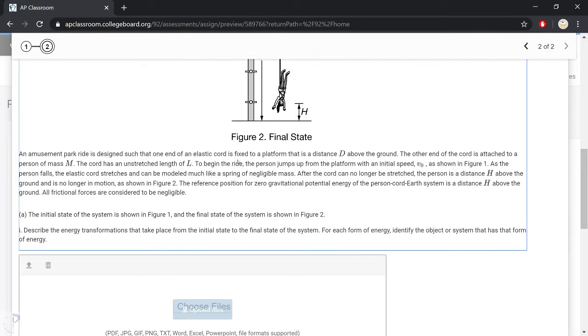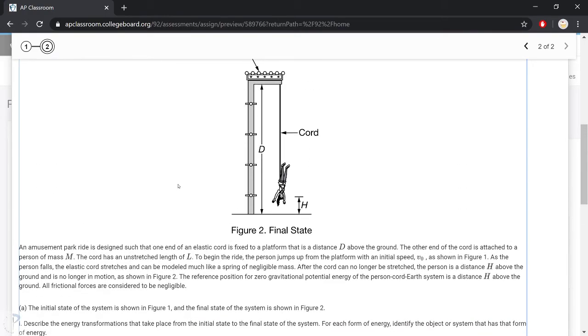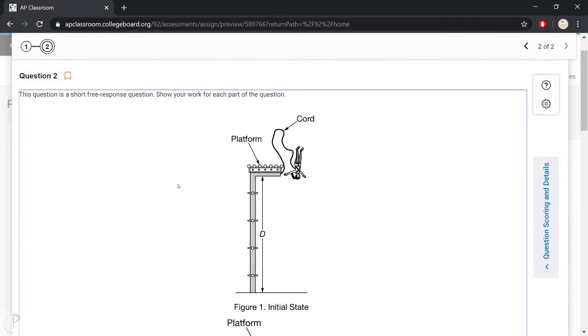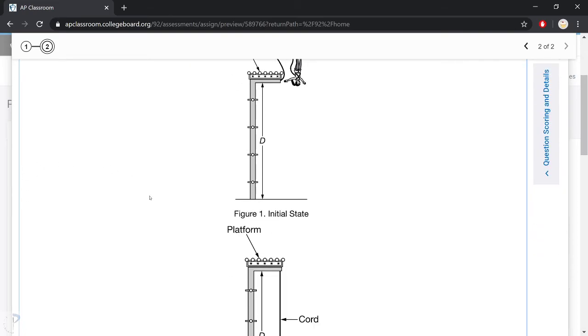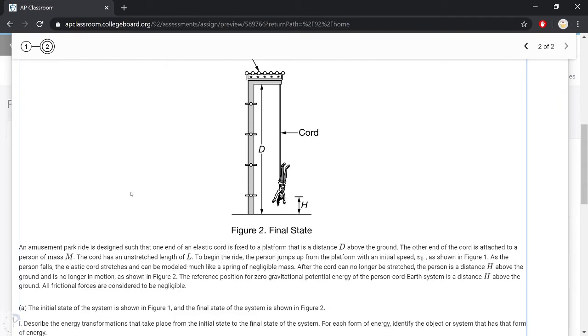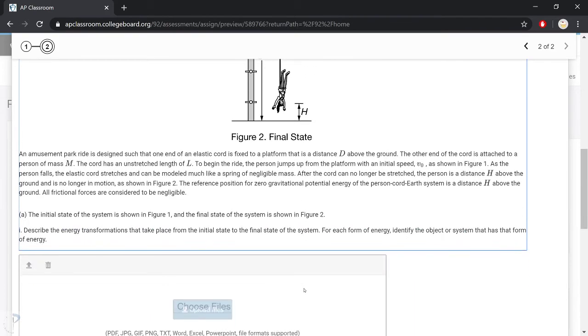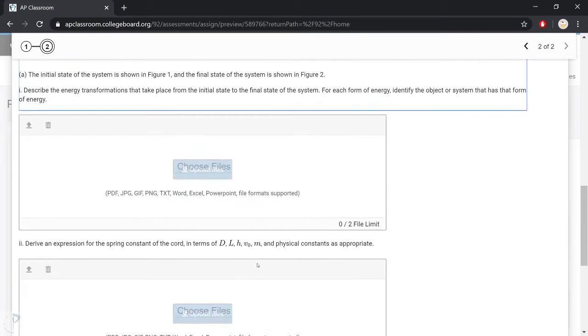Chat, do you see little h anywhere? I don't see little h. There's no mention of little h. You think it means capital H?